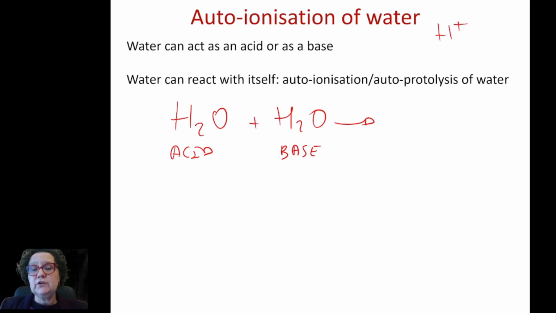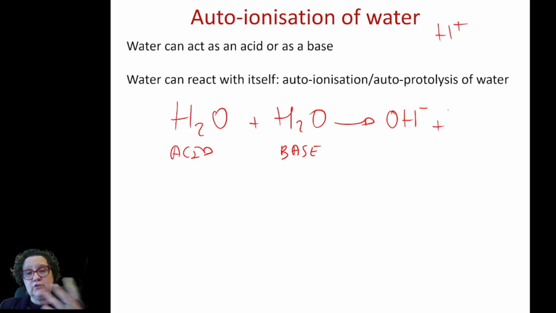If that molecule of water donates a hydrogen ion, it loses this H+. What is left is an OH and a minus. The OH is there, and the minus is because the hydrogen has left the electron behind. It has left as a positively charged compound. Where has that hydrogen ion gone? To the second molecule of water, the one that I've declared is acting as a base.